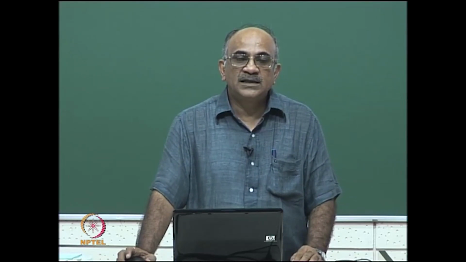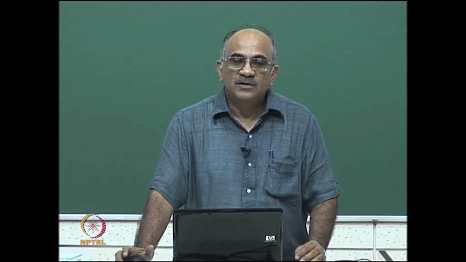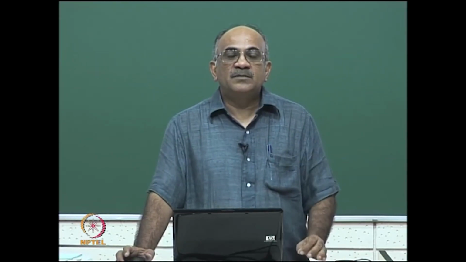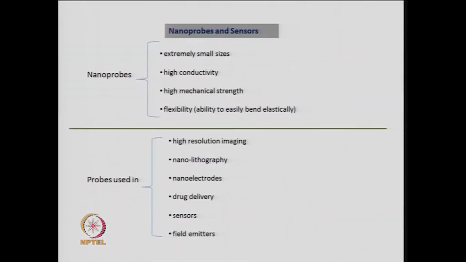Whatever you are trying to probe, if your probe material is very brittle, then it will break. Carbon nanotubes, however, are very flexible. So, they have mechanical strength, they are flexible and they have high conductivity. That means they can send electrons, or electrical signals, very fast across the nanotube. Hence they are very good nanoprobes.